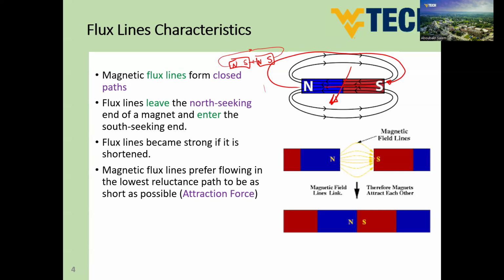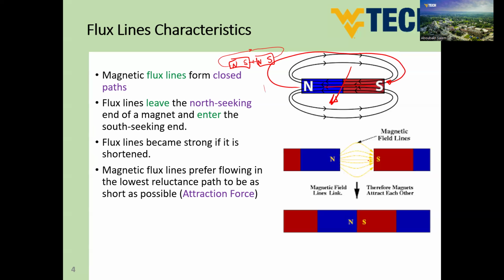If you move these magnets far by higher distances, okay? So in this case, these flux lines will be very weak until being disconnected or cut. So in this case, there will not be any force anymore. So this is the other feature of the flux line. So again, if the flux lines are short enough, it will be strong enough.